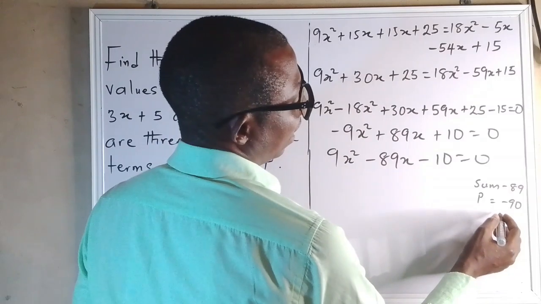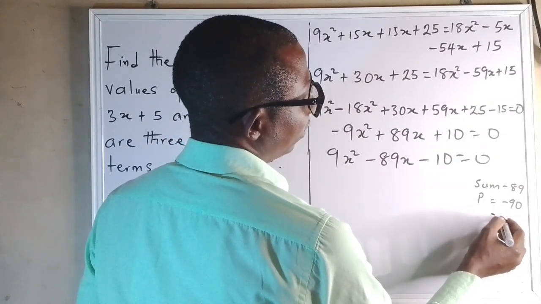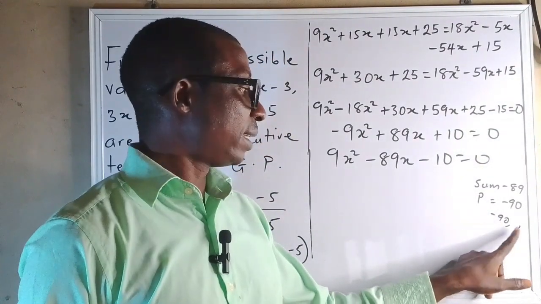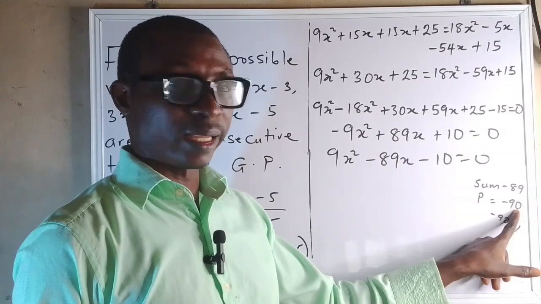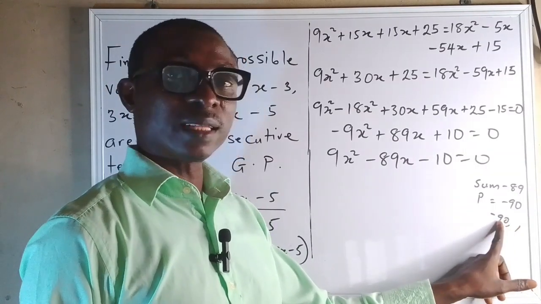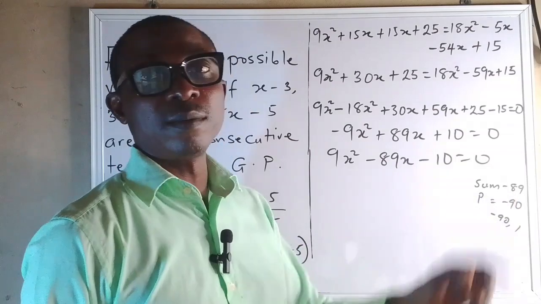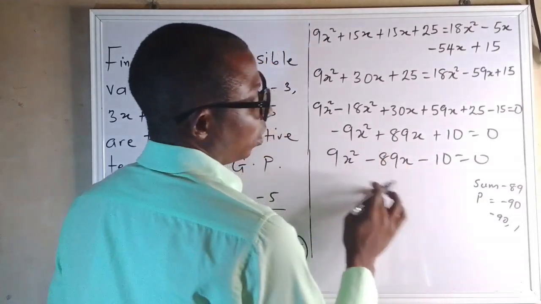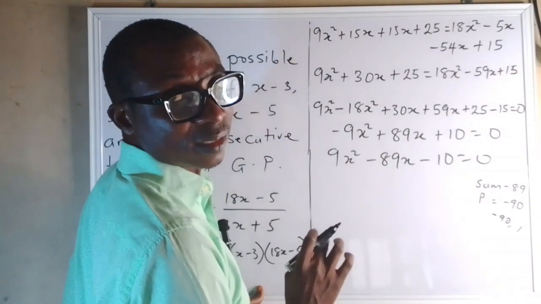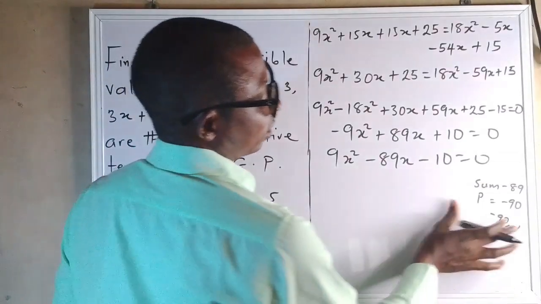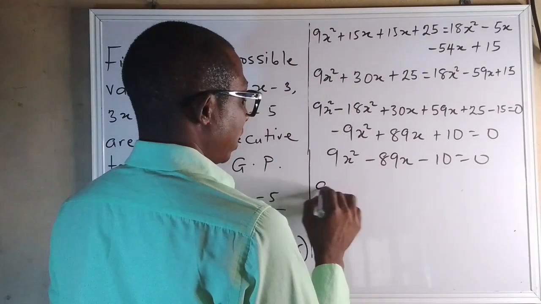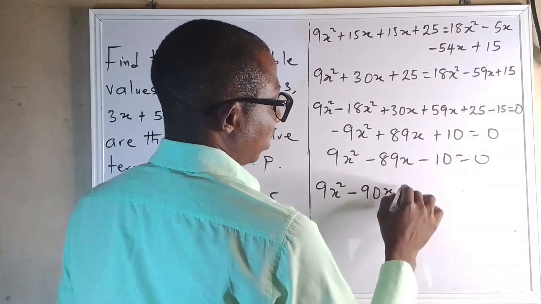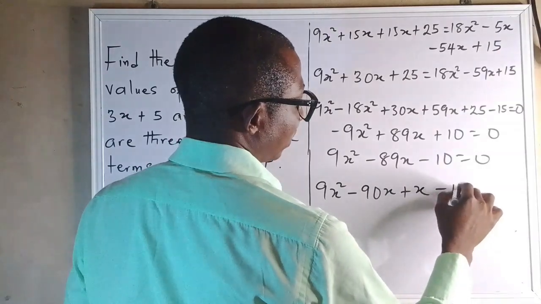So the two numbers are minus 90 and 1. When you multiply minus 90 and 1 together, you have minus 90. When you add minus 90 and 1 together, you have minus 89. So that means this will turn to minus 90x plus x. All right, so now this turns to 9x squared minus 90x plus x minus 10 equals to 0.